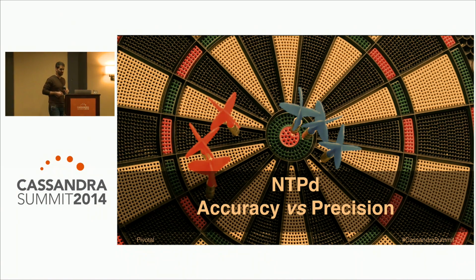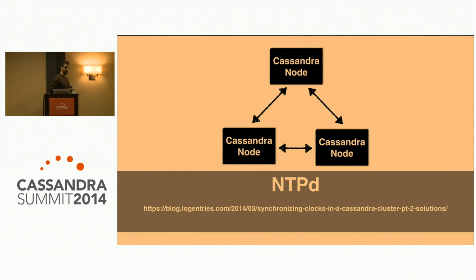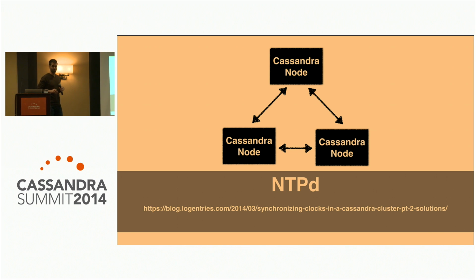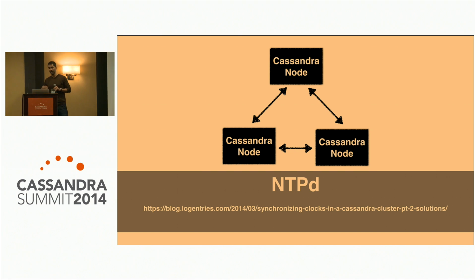So the way that you get that done is in NTPD, which is the service that ensures that your VMs have the right time set on them. You can tell it to, I think they call it homing to peers, in a tiered fashion.